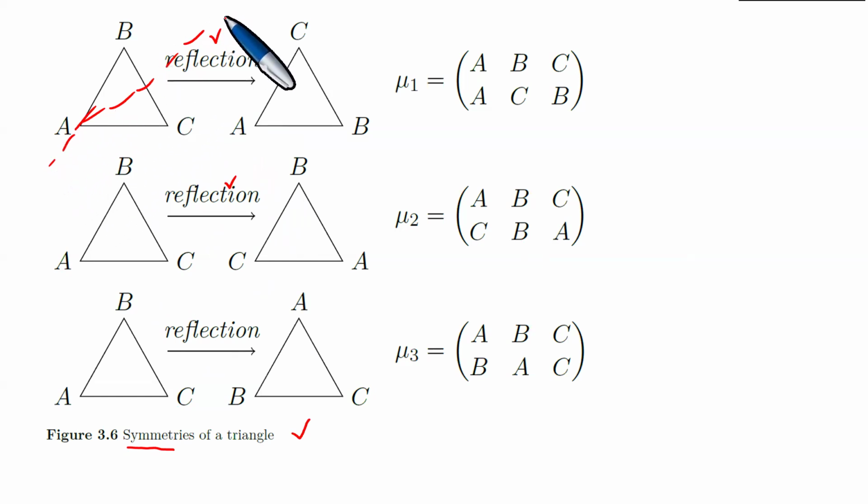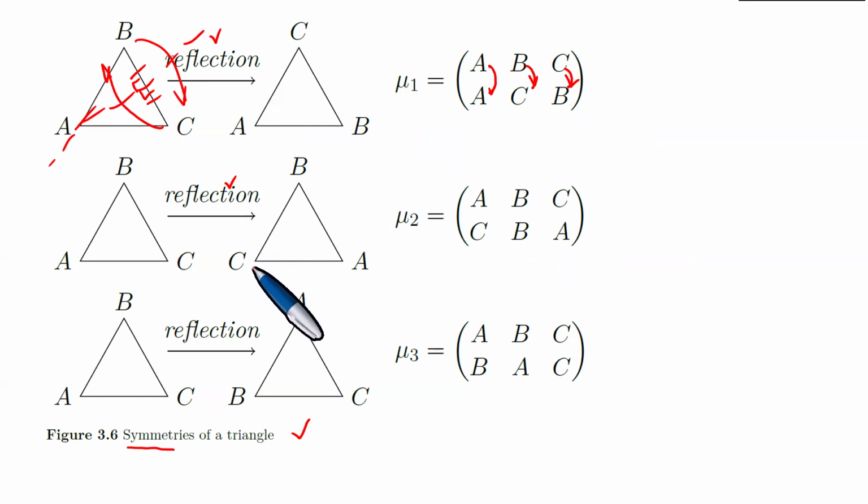If you reflect along this axis, such that this is perpendicular, such that you have a bisector, this axis that bisects, you're able to see that your B would go there and your C would go there. And your A remains fixed. So A goes to A, B goes to C, and C goes to B. And we call that mu1.